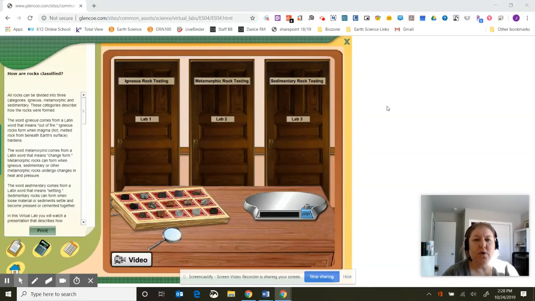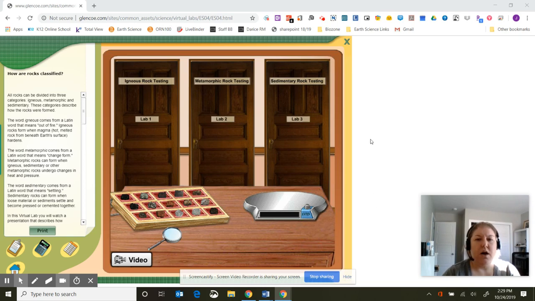Hi everyone. So I wanted to do a quick little video on how to do your rock typing lab, or rock classifying lab. I wanted to go through it very quickly and let you know how to do it.